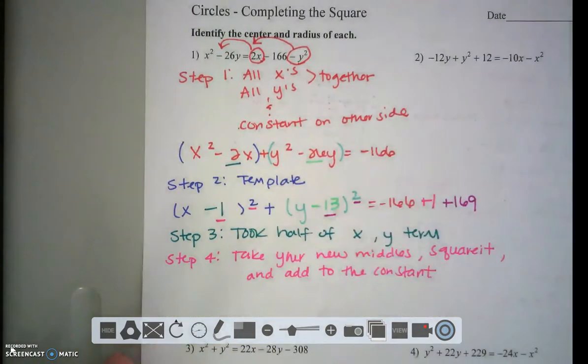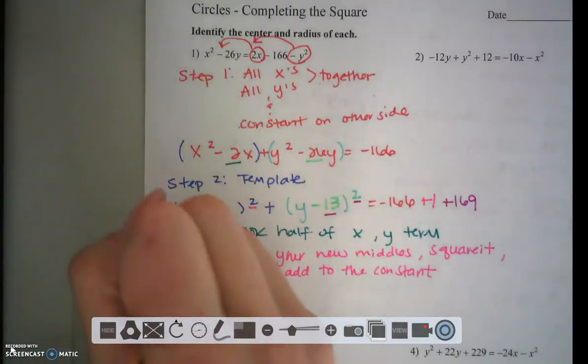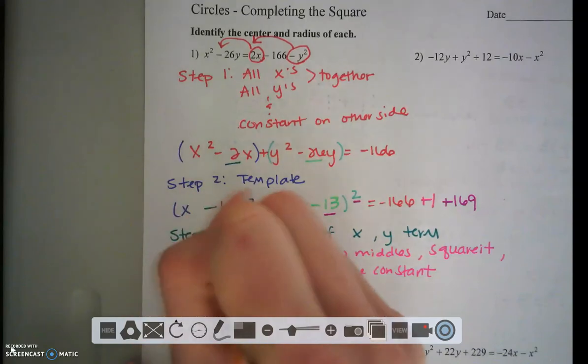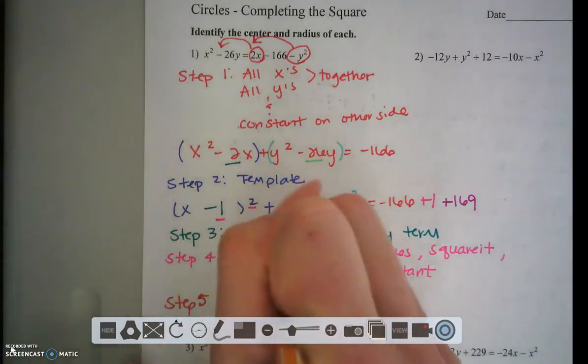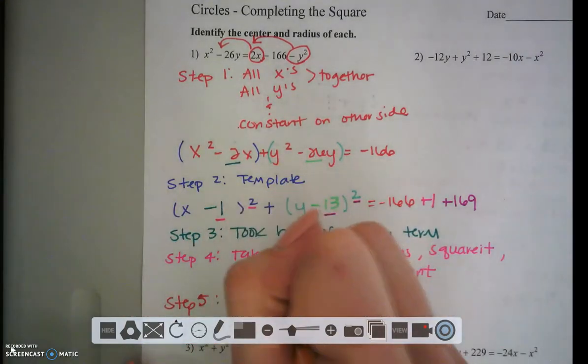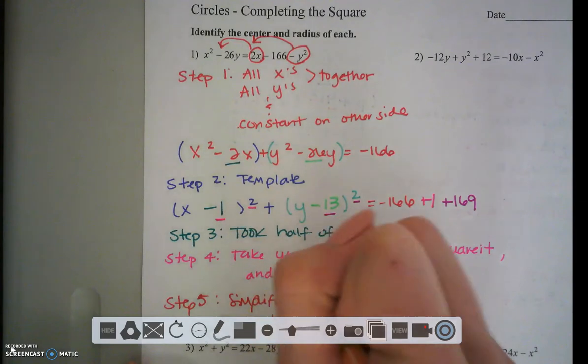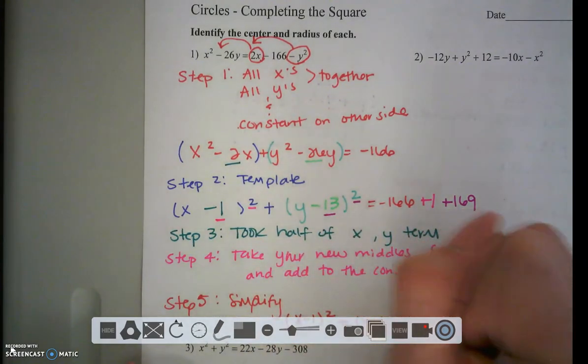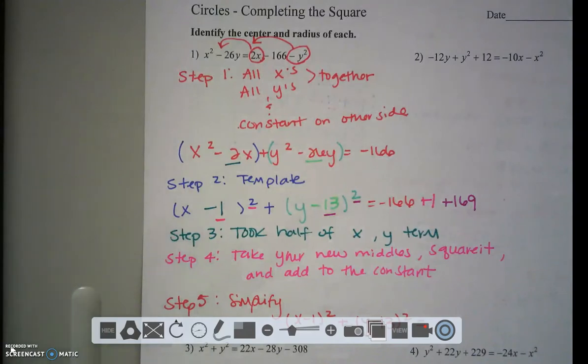So then, just like before, step 5, we're going to clean this up. So we're going to have x minus 1 squared plus y minus 13 squared equal to negative 166 plus 1 plus 169 to 4.